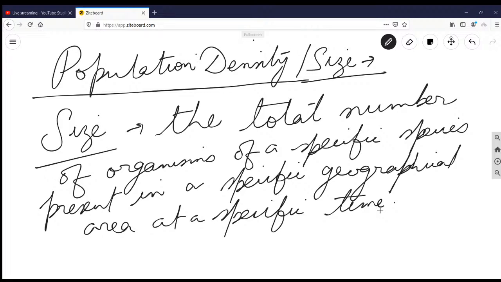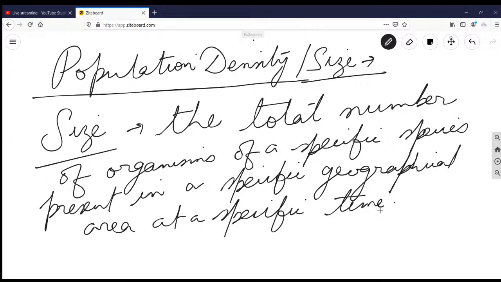So the intricate details must be mentioned if they are asked by the government or by the people of the state, country or city itself. So the population size of a species will always vary in different geographical areas and also in different periods.